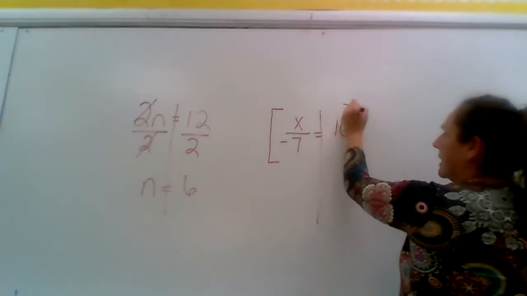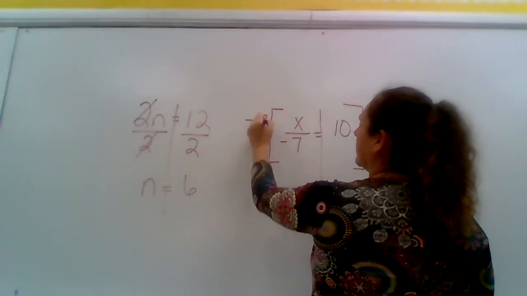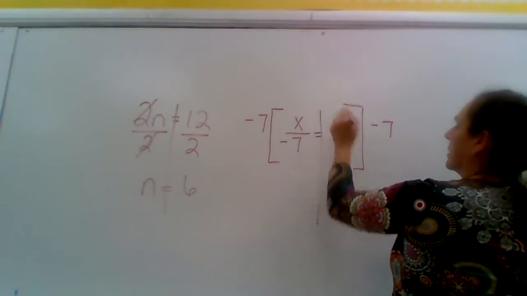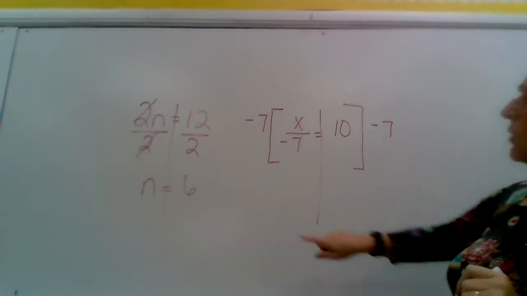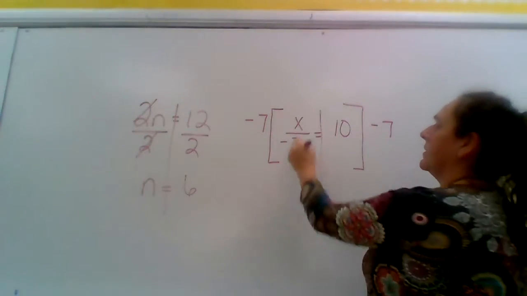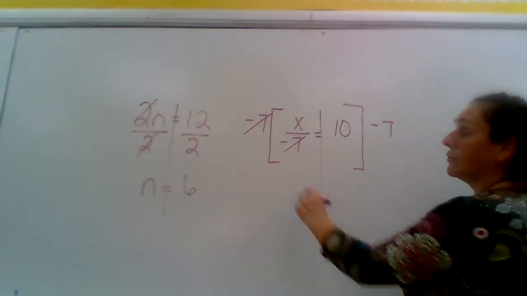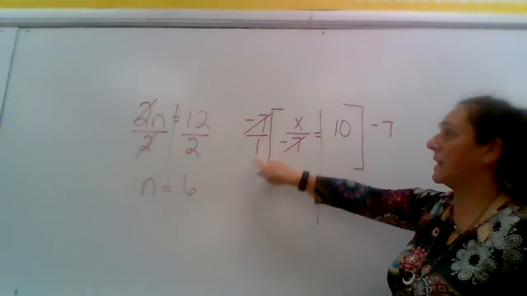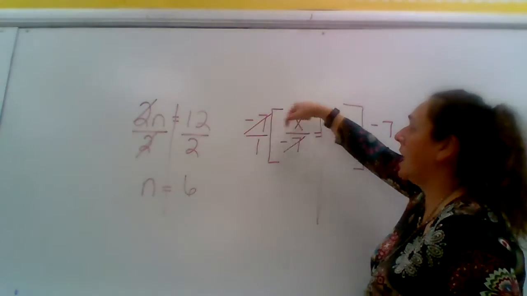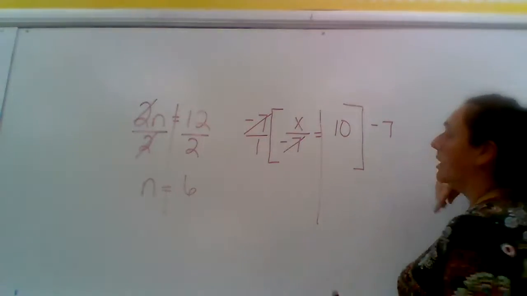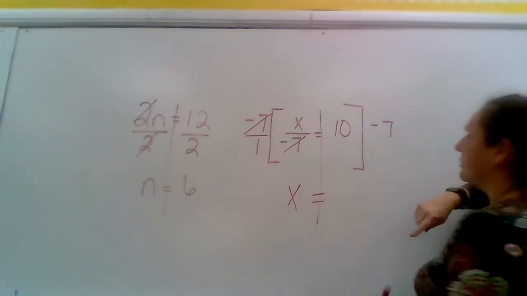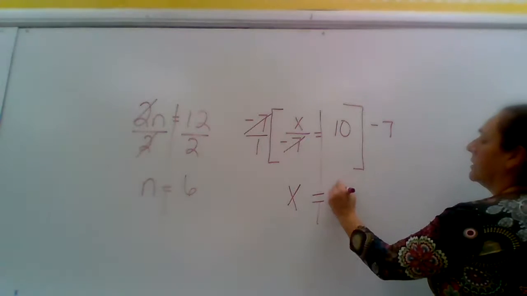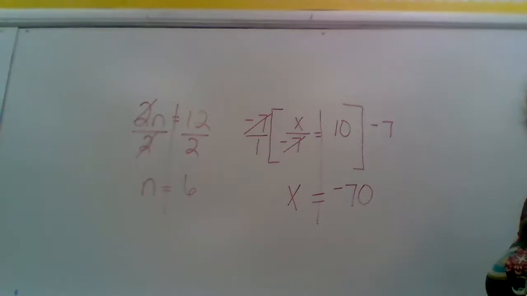So I'm going to put brackets around, and I'm going to put a negative 7. Okay? Now, negative 7 over negative 7 cancels off. Because remember, this one looks like it's on top because I can make it a fraction. So the top and the bottom can reduce. So I'm left with x equals, and then 10 times negative 7 would be negative 70. Okay?